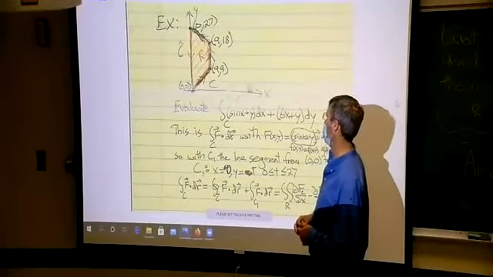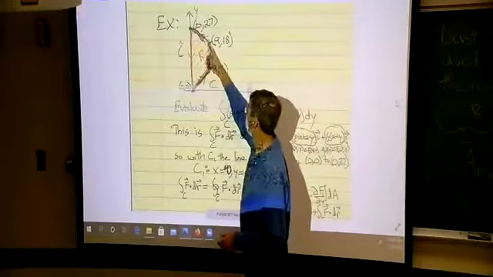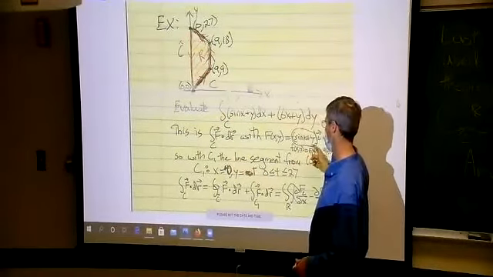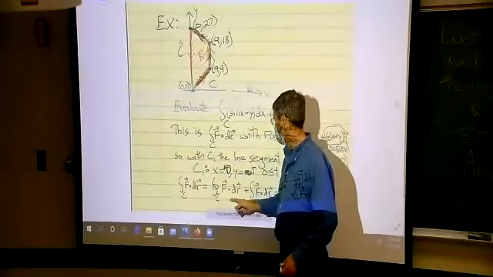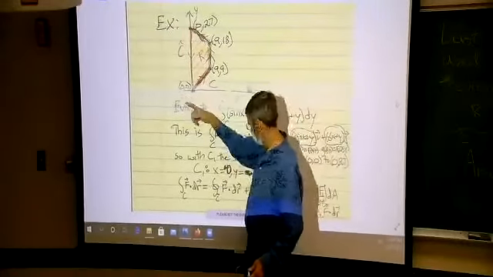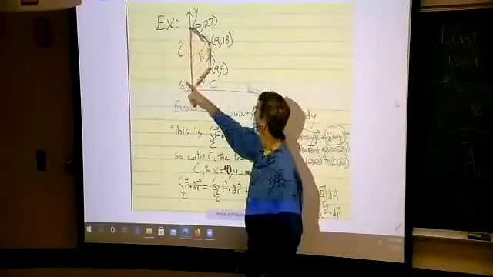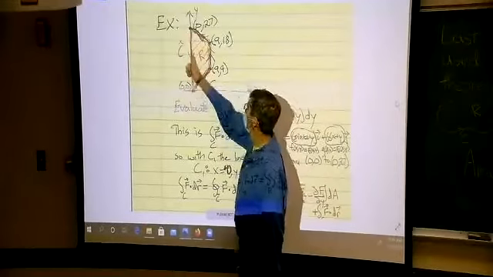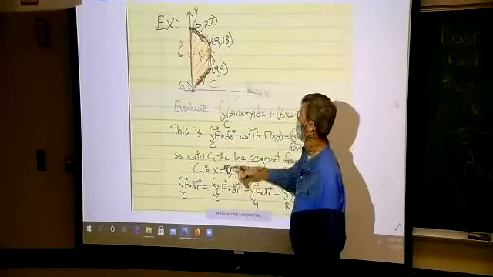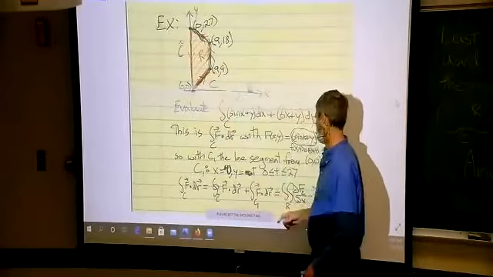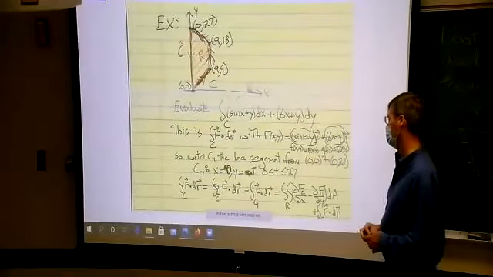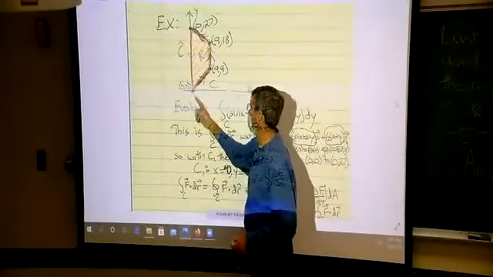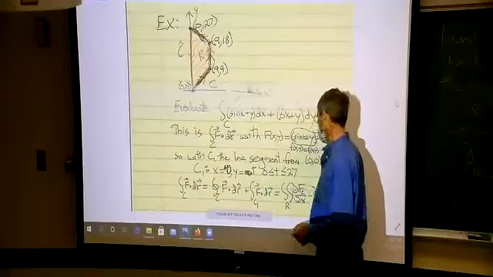I'm going to say that the line integral I want along C, of this function, is equal to the line integral around the whole thing, C hat, plus the line integral going up, which amounts to minus the line integral going down. So the line integral around the whole thing plus the line integral going up, because that subtracts off the one going down, makes the line integral I want.